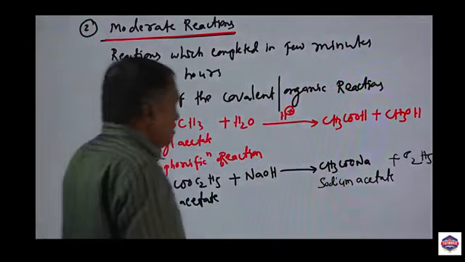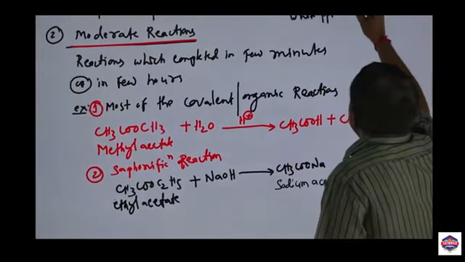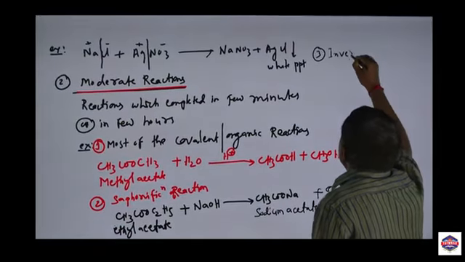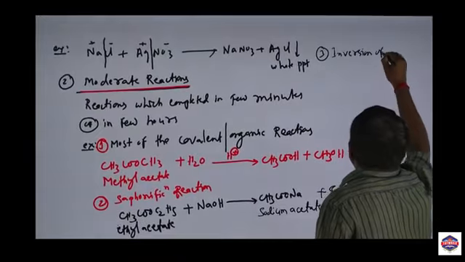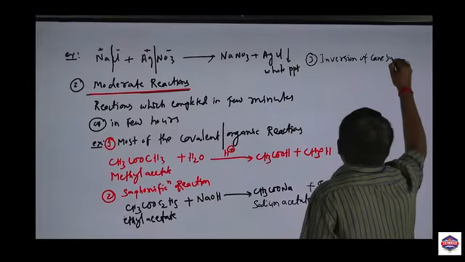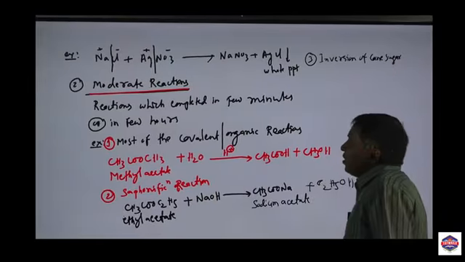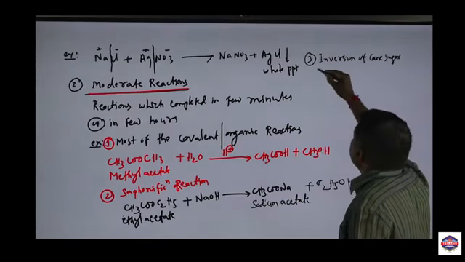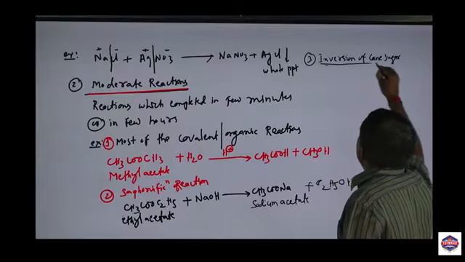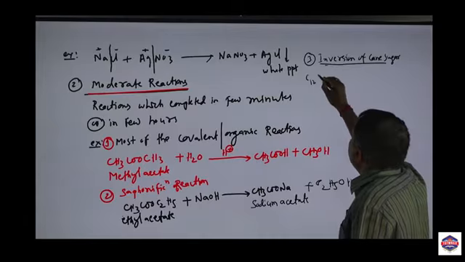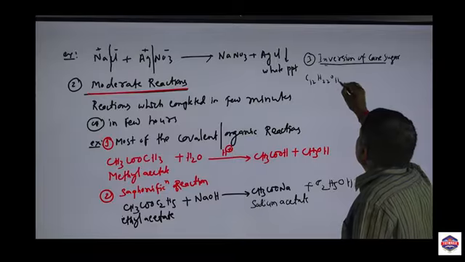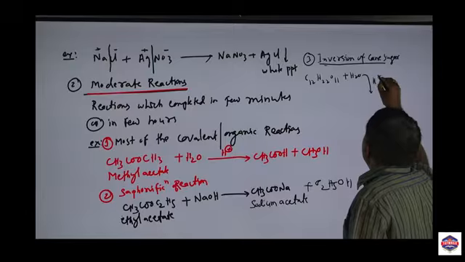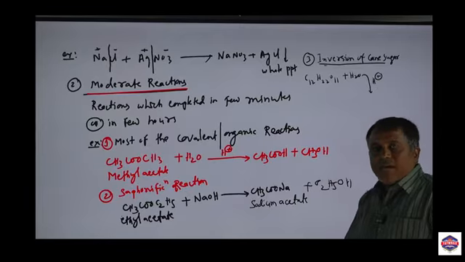And one more reaction, inversion of cane sugar. All these reactions are organic or covalent reactions. That's why they are moderate reactions. Inversion of cane sugar means cane sugar, C12H22O11, on reaction with water, this is hydrolysis, generally occurring in the presence of acid.